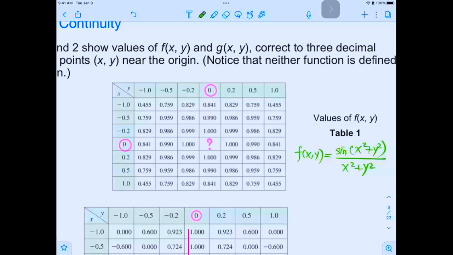Then pick the x to be 1, 0.5, and 0.2, and you get those values here. So the x is getting closer and closer to 0 from the right side and from the left side, and you see what happens to the function value when you keep the y fixed at 0 and x approaches 0 from both sides.